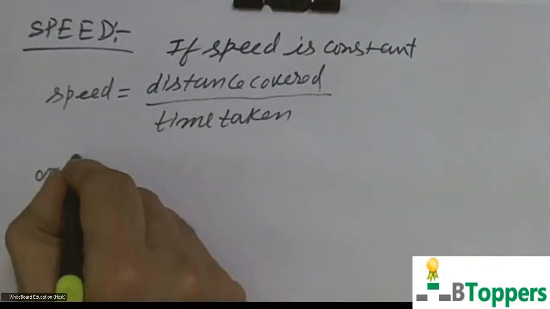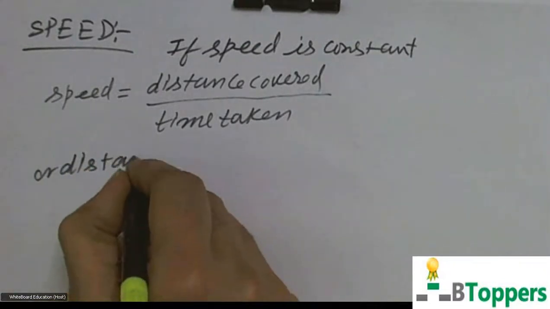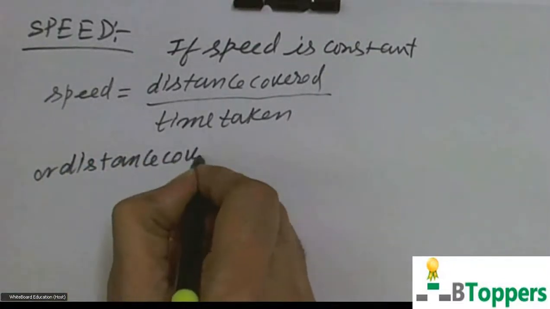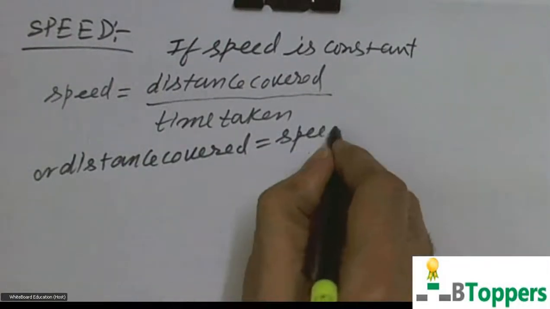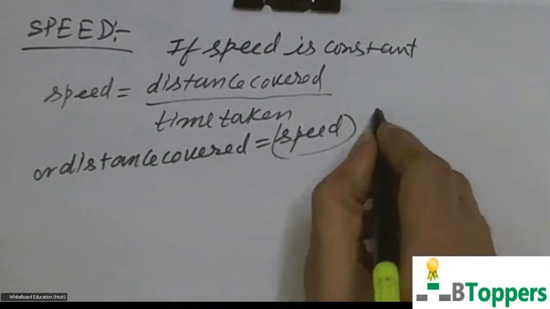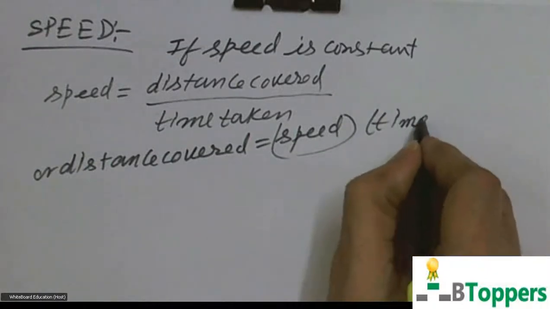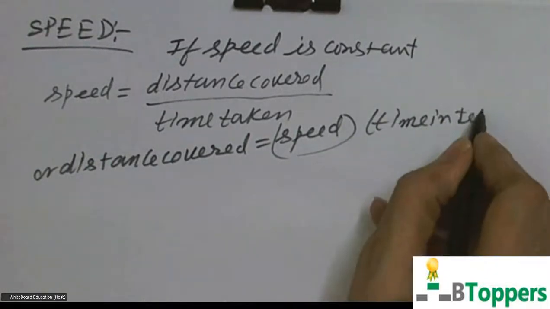Or you can write distance covered by the particle is equal to the speed of the particle multiplied by the time taken or time interval.